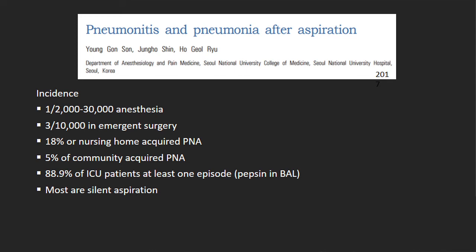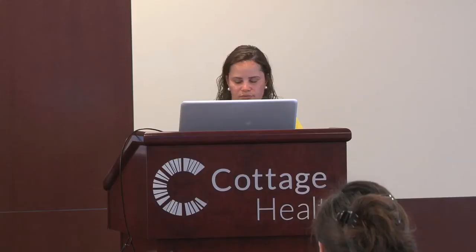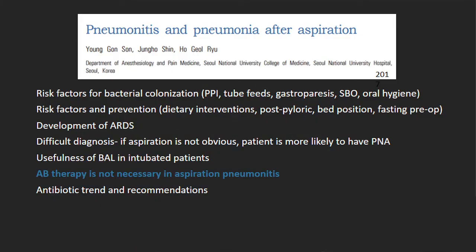Most of them are silent aspirations, so it's really hard to determine when the insult occurred. The risk factors for bacterial colonization are mostly PPI, tube feeds, gastroparesis, SBO, and poor oral hygiene. And the risk factors and prevention are basically dietary interventions, so dysphagia diets, NPO, post pyloric tubes superior to gastric tubes, they found in this study.